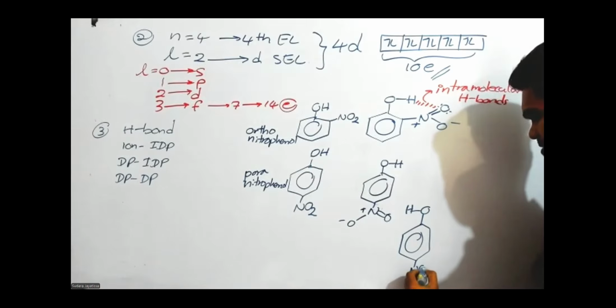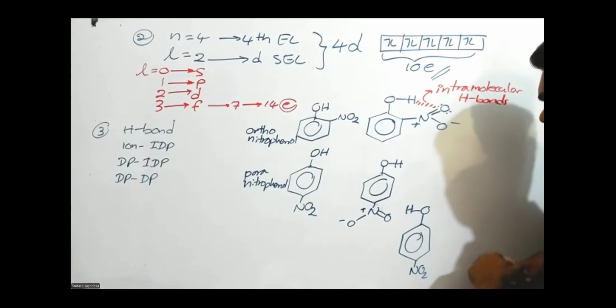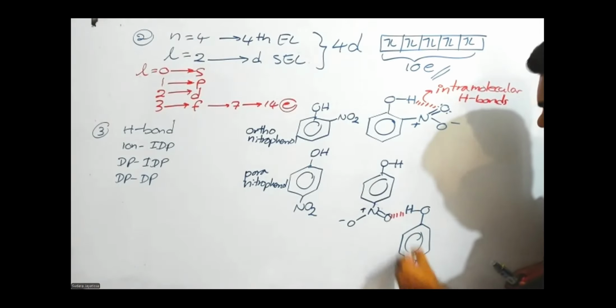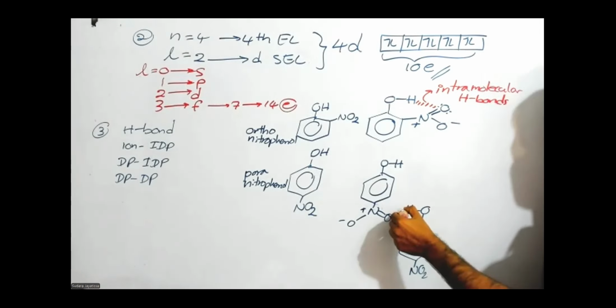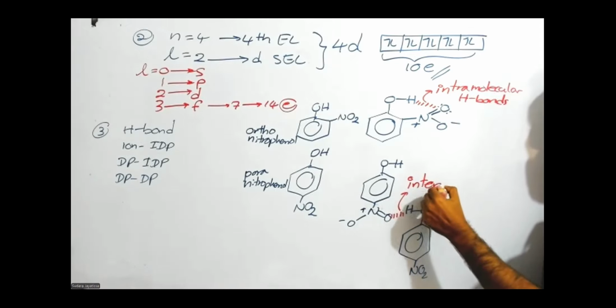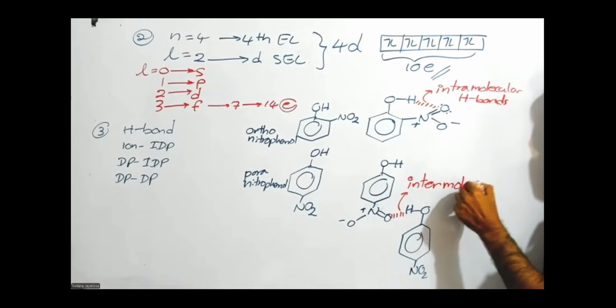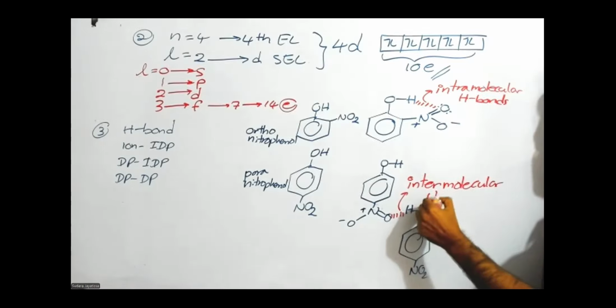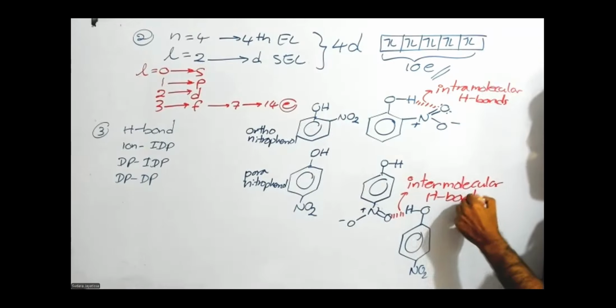Let's say like this. So they make hydrogen bonds between two molecules. So this is called intermolecular H bonds.